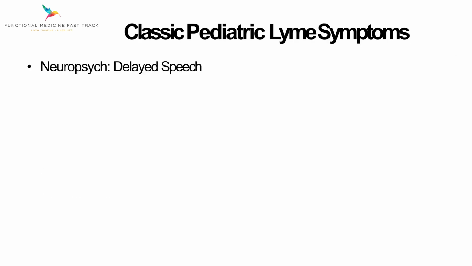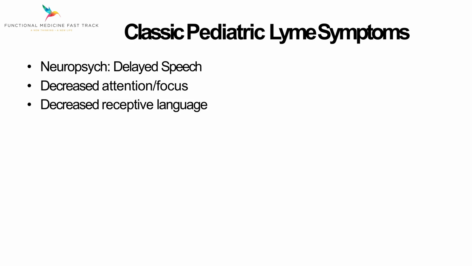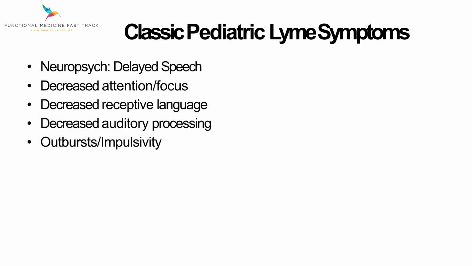So let's have a look at some of the classic pediatric Lyme symptoms. Delayed speech, decreased attention and focus, decreased receptive language, decreased auditory processing, outbursts, impulsivity, particularly if it's out of the norm. And a lot of this is if there has been a disruption in the normal timeline.